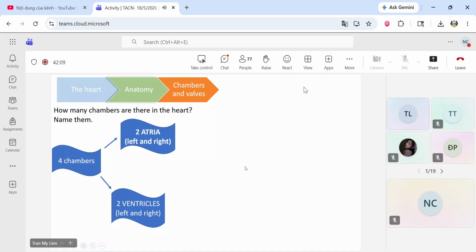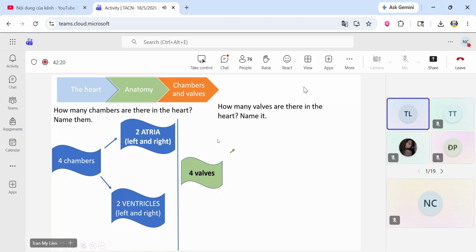The heart has 4 chambers, 2 atria and 2 ventricles. And it also has valves that prevent the backflow of blood, making sure that the blood moves in just one direction.